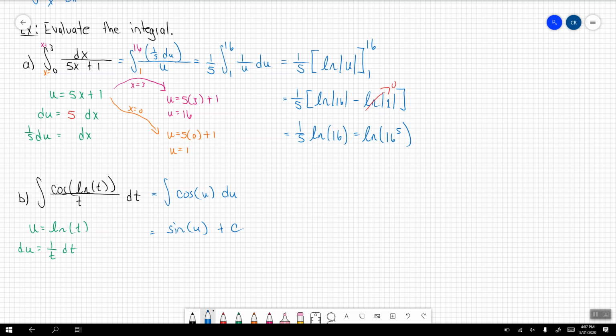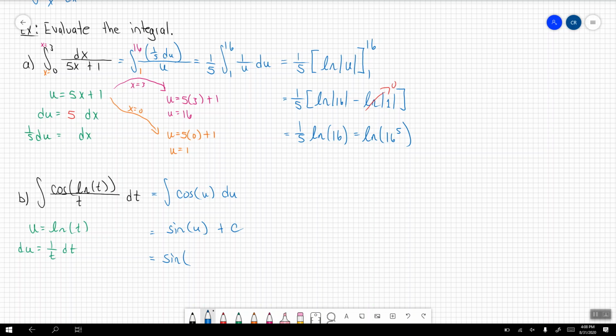And again, we need that plus c because we need that constant of integration, because this is an indefinite integral, whereas the example before this was a definite integral because we were given those limits of integration. Now let's keep going. At the end of the day, because this is an indefinite integral, I need to substitute my u back into my function. So here it goes.